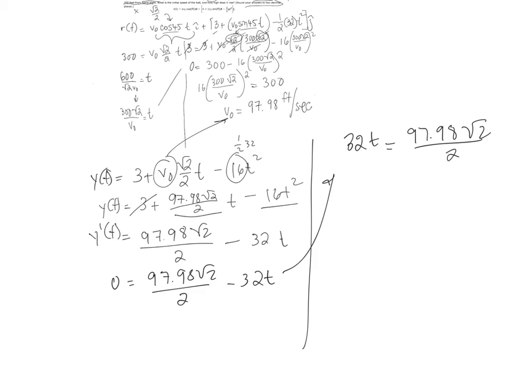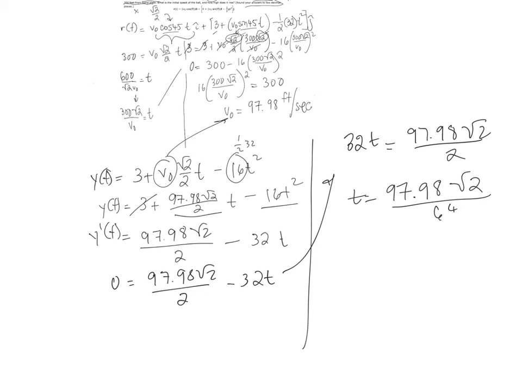Alright, now you can solve for the time by dividing 32 on both sides, and then you have t equal 97.98 root 2 over 2 divided by 32. Oops, not multiply, should be dividing. So it should be 64. Okay, now you have the time.